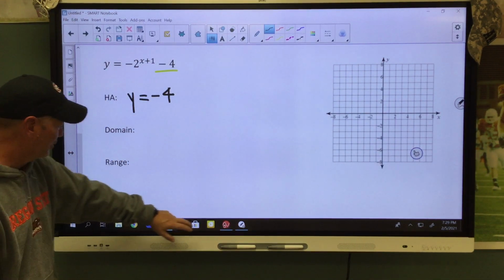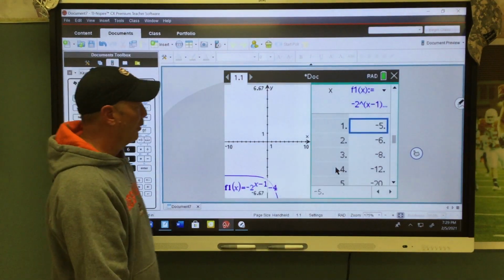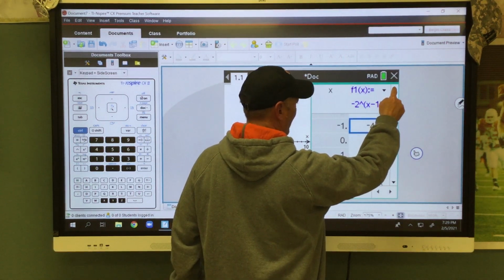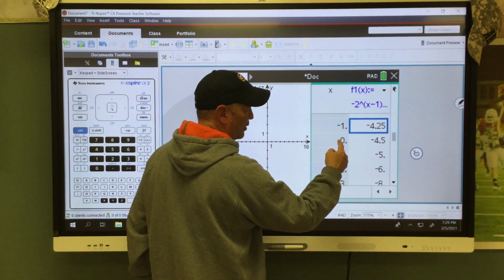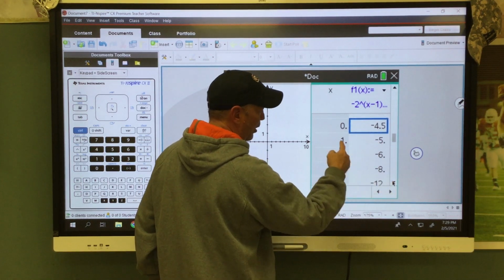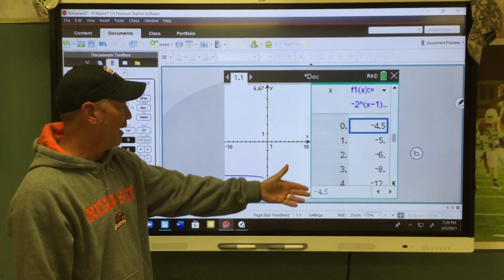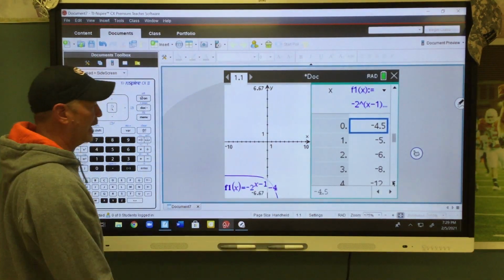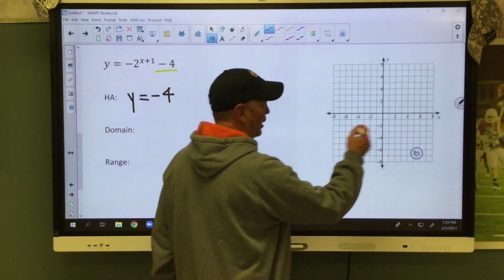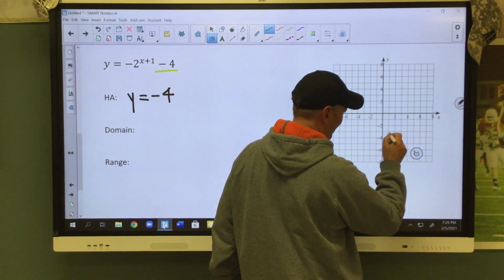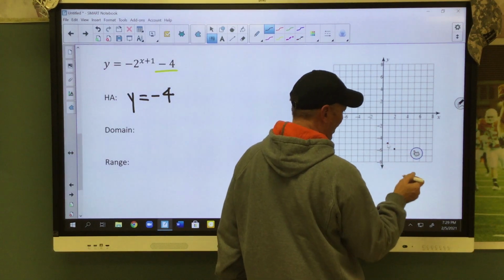Let's go graph this thing. Let's get some points. We're going to say Control T. What do I want to use? Don't really want to use the decimals if I don't have to. But I have x is 0, y is -4.5. x is 1, y is -5. So I'm going to go 1, -5, 2, -6, and I think I saw 3, -8, but I'm not sure.